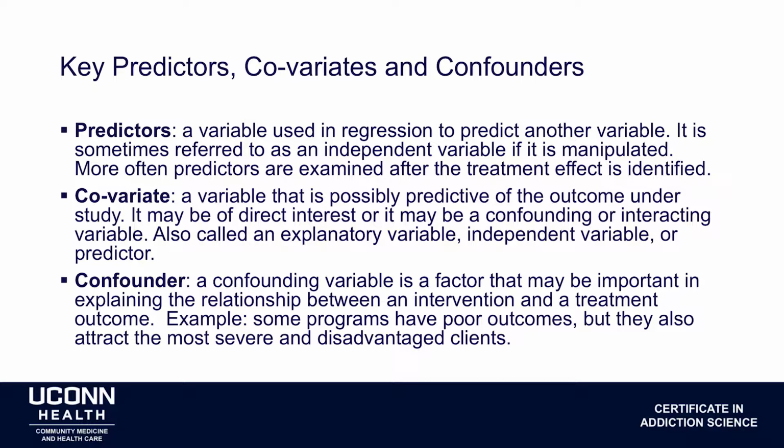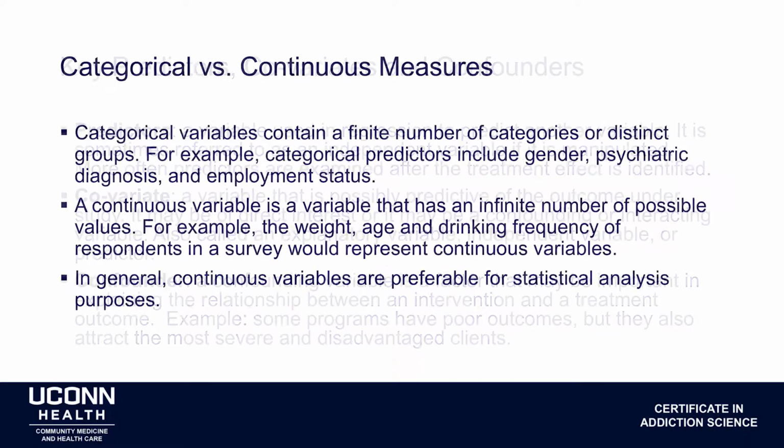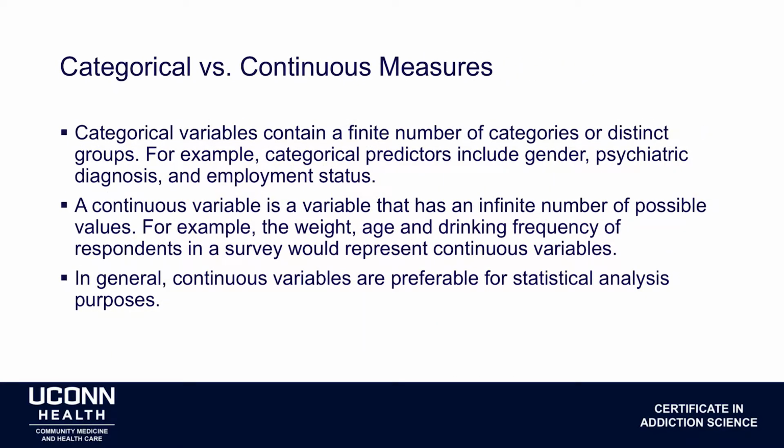A big issue in selecting variables to measure is whether they're categorical or continuous. Categorical variables usually include a finite number of categories. Sex is a categorical variable. Either you're male or female, and now transgender. So we can categorize people according to sex.